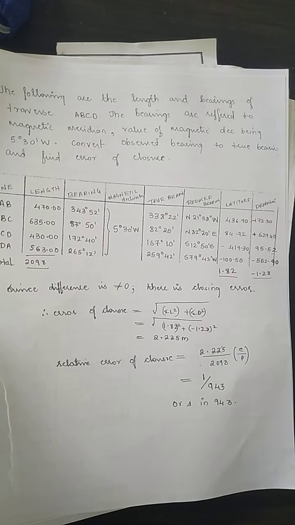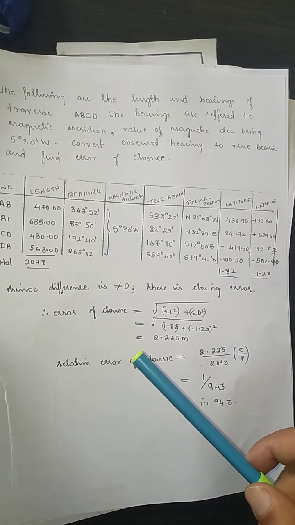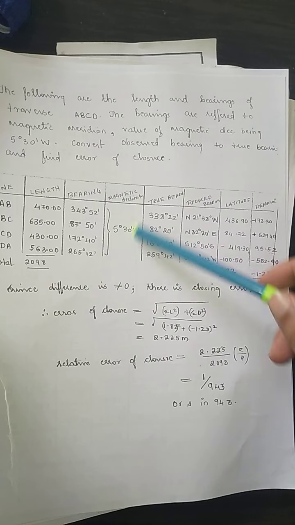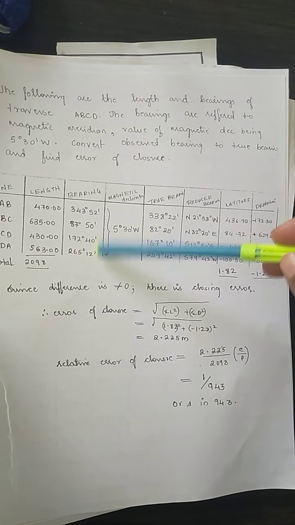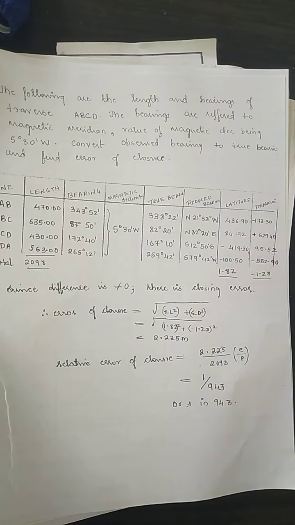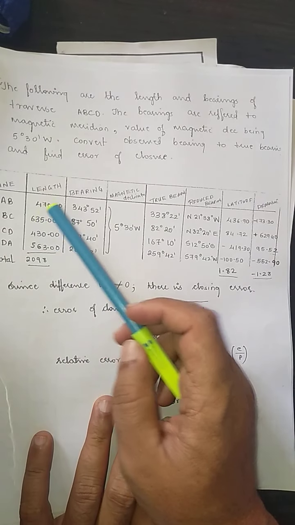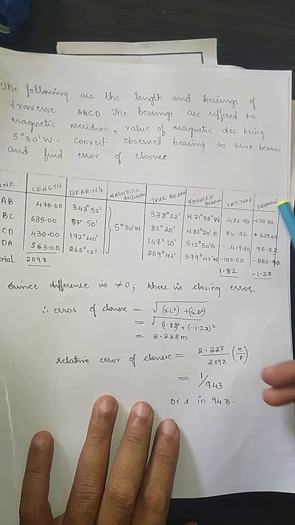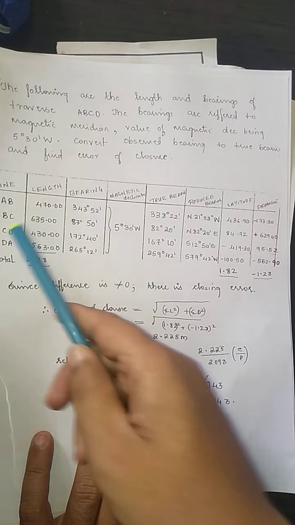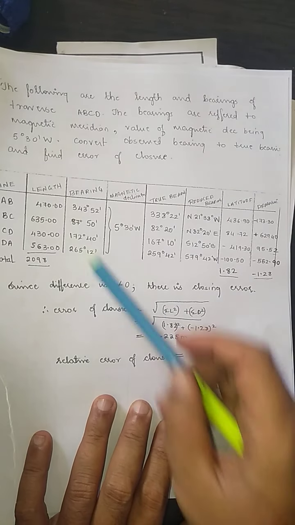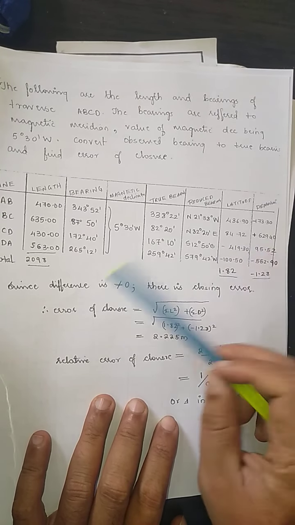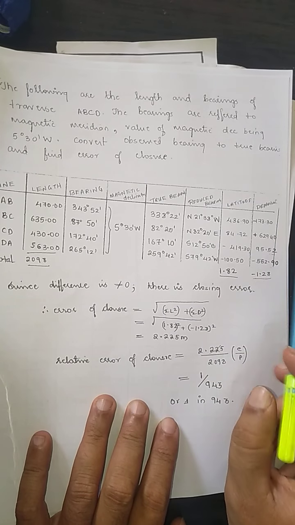So the length is 470, the bearing is 343 degree 52 minutes, the corresponding latitude is 436 and departure is minus 173.3. The next length is 635, bearing is 87 degree 50 minutes, latitude is 84.72, departure is 629. This is given to you.